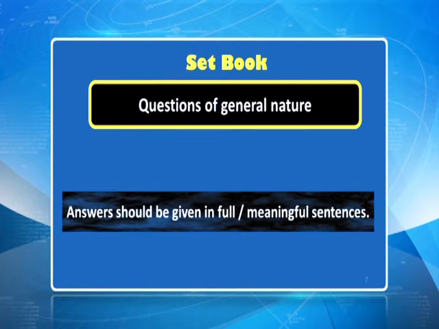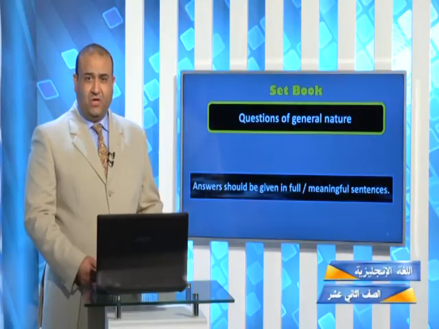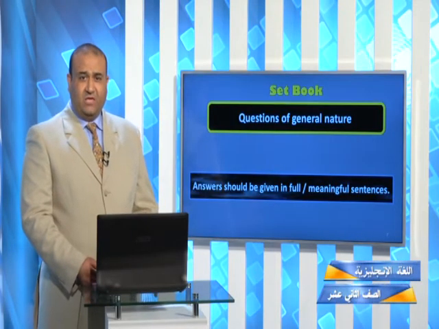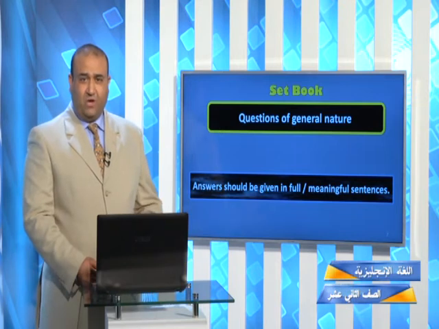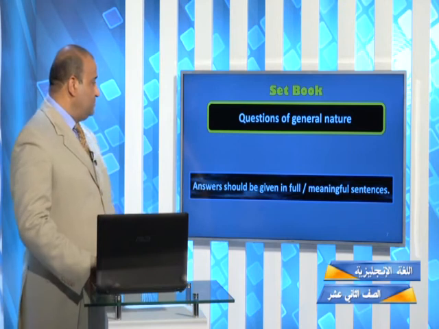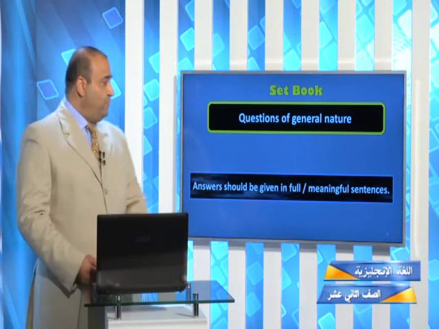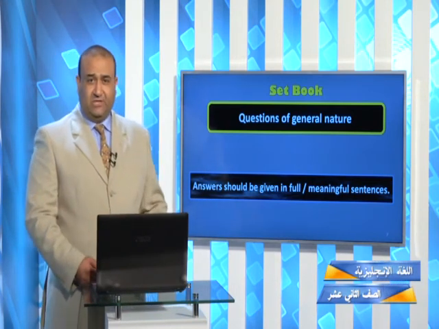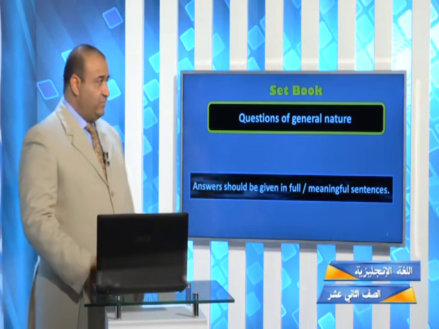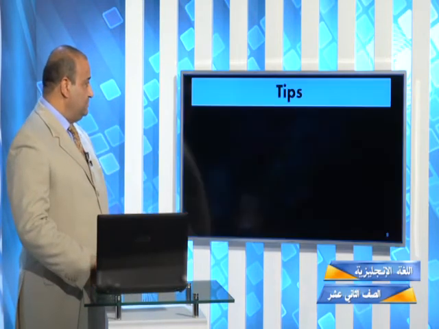You have to produce pieces of information from the book or from your own experience. That means you have to stick to the rules of writing composition by giving whole sentences. Your answer should be given in full and meaningful sentences. So no isolated words are accepted, and no fragments are accepted. You have to write full sentences.